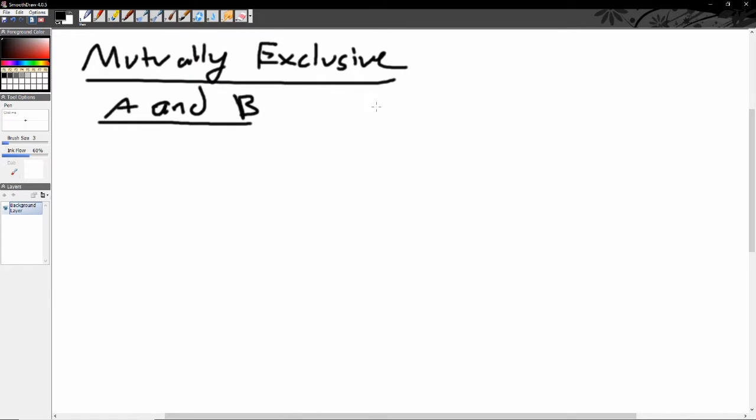Let's say A is the probability that someone is a junior, and B is the probability that someone is a senior in high school grades. What is the probability of A and B here? Obviously, 0. No one can be both a junior and a senior. They're one or the other.